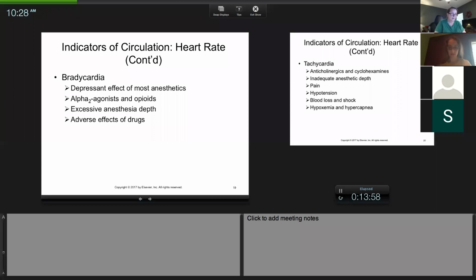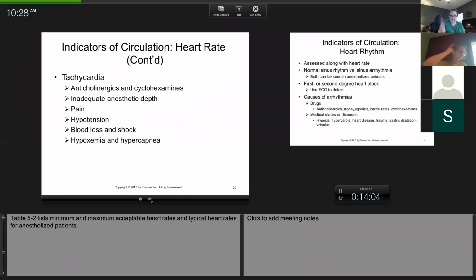It just depends. Tachycardia can be from drugs, which is a common reason for tachycardia. If you gave them atropine, it's a lot of times atropine. I'll tell you, in surgery you usually start with quarter doses or half doses of atropine. Very rarely do I calculate a dose of atropine for a patient.